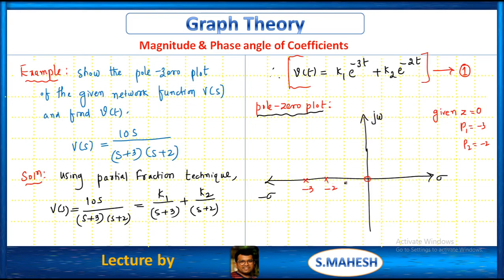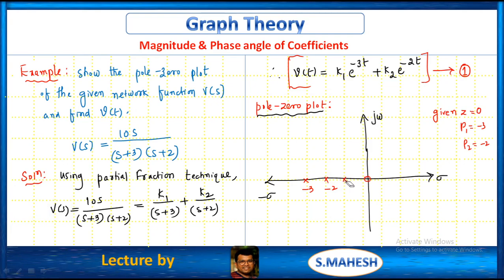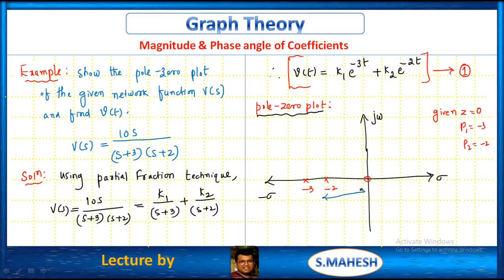This is 1 unit, this is another unit. Sorry, there is no pole here. Simply the distance is from here to here, 2 units, and from here to here, 3 units.